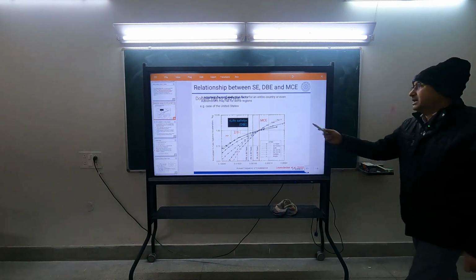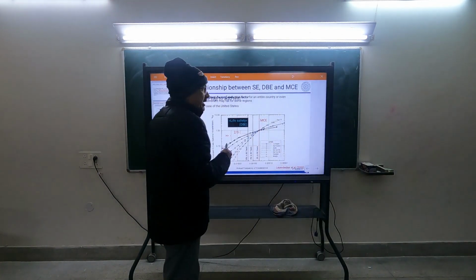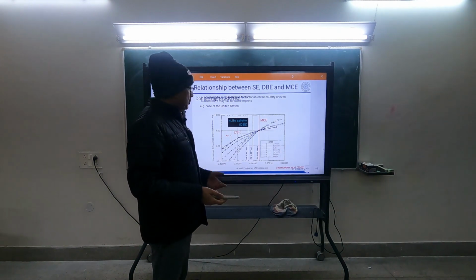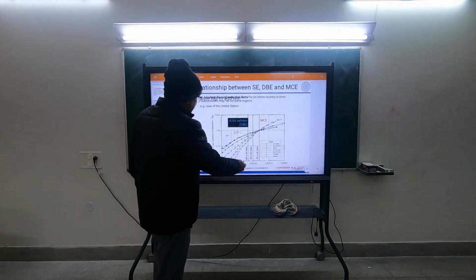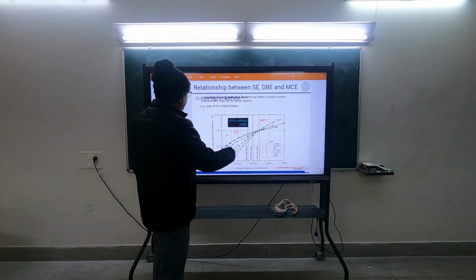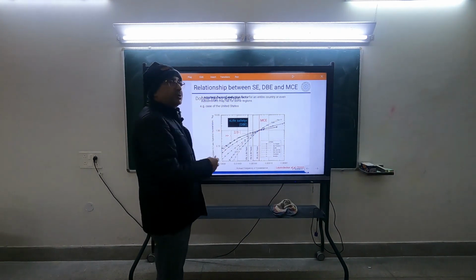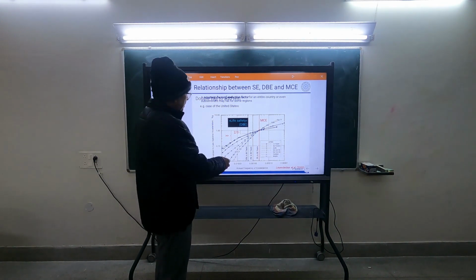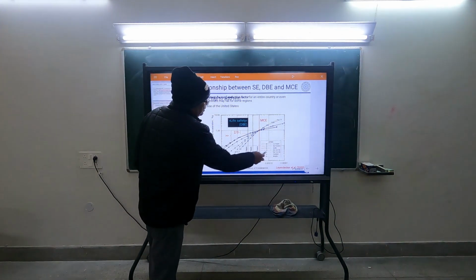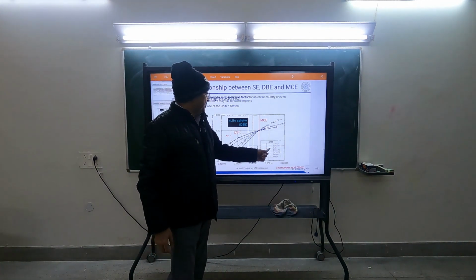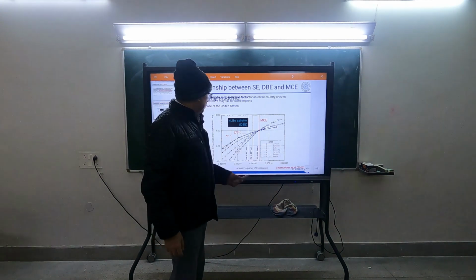If you do not have the actual shape and you know the value only at DBE and MCE, then you can use that shape. But you have to keep in mind the actual shape is somewhat curved, even in log, since this is plotted in log. This has been done for different cities in the US: Los Angeles, San Francisco, Seattle, Salt Lake City, New York City, and so on.